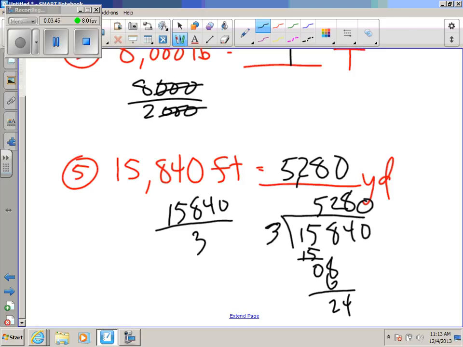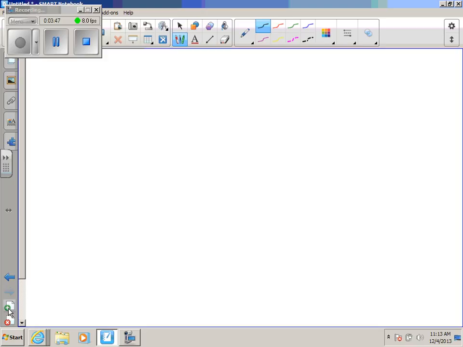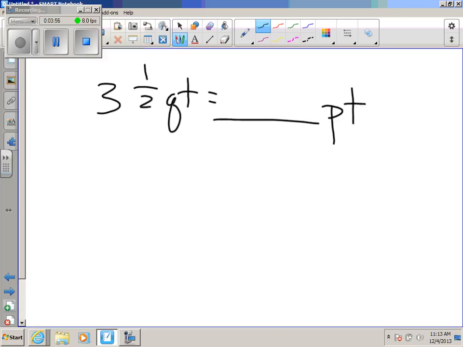Number 7. 3.5 quarts is equal to how many pints? Take a step back and look at what you're working with. You know the quarts. You need to get to pints. On your staircase, which way are you going?